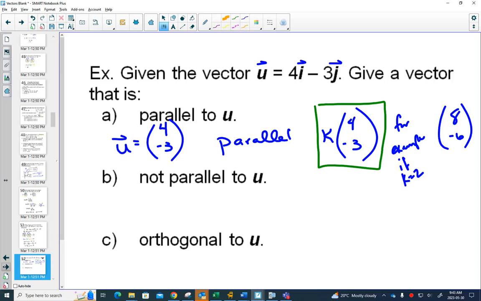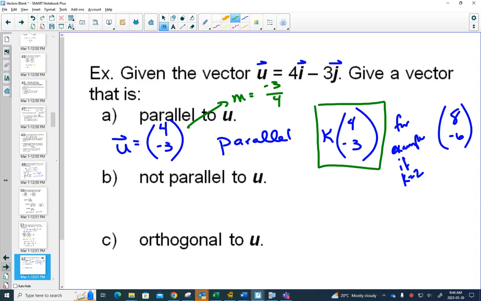When you think about vectors, and you think about when you've done parallel and perpendicular before, you've always done parallel with slopes. Okay? Can you see that writing as a column vector the slope of this one is -3/4? Why is it -3/4? Well, slope is rise over run.